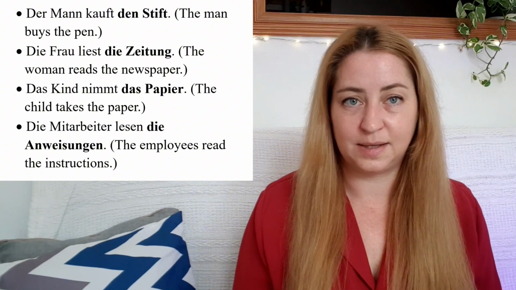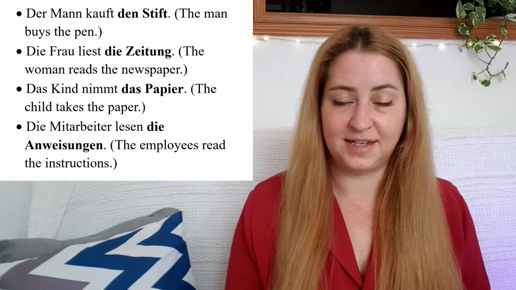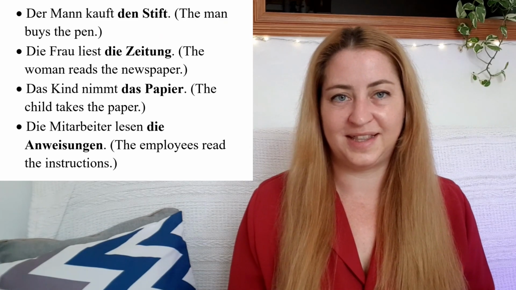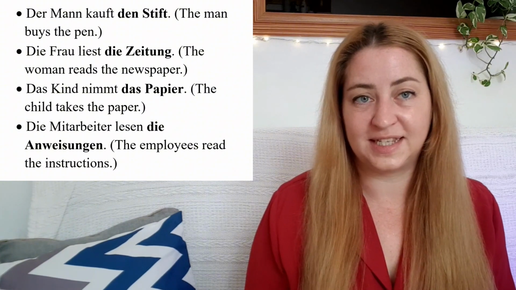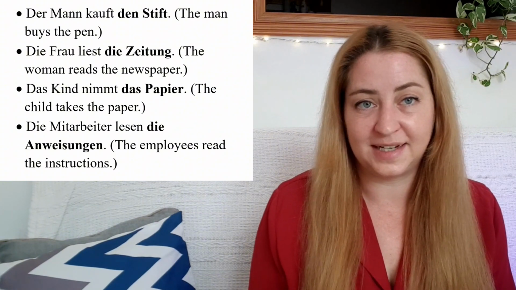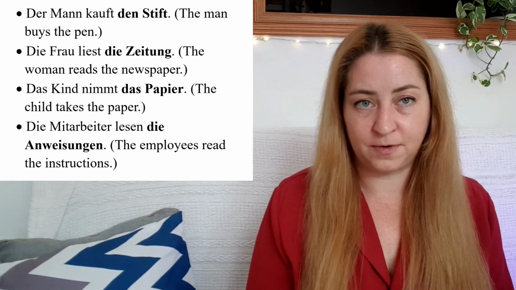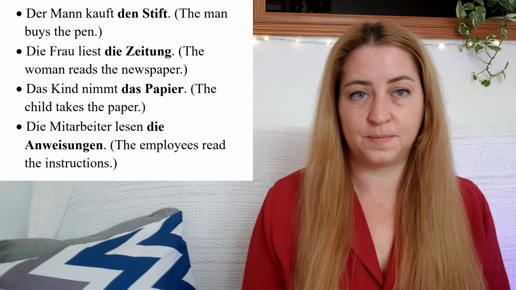The child takes the paper. Die Mitarbeiter lesen die Anweisungen. The employees read the instructions. In each example, the subject is at the beginning of the sentence in the nominative case, followed by the verb, and then the direct object in the accusative case.